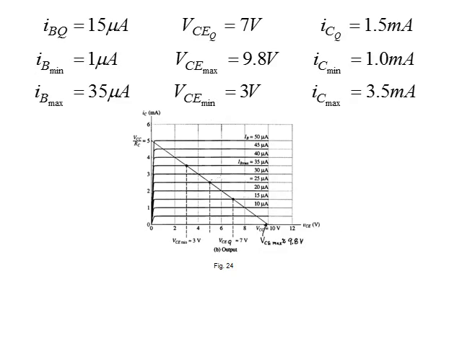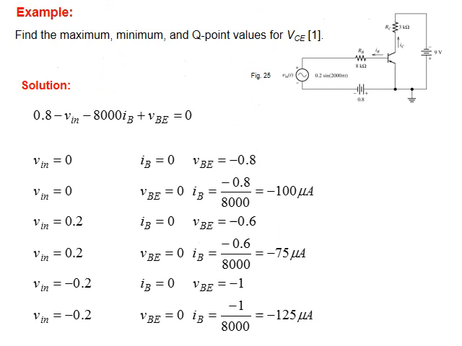See now the currents. The current now is 15 micro to 35, but the minimum is 1. So it means the range increases. When VBB reduces, the range increases. And this is reflected also on the output voltages. It's changed now.